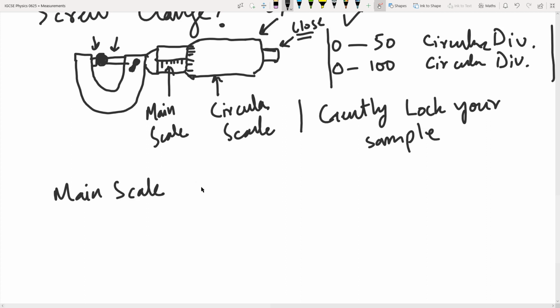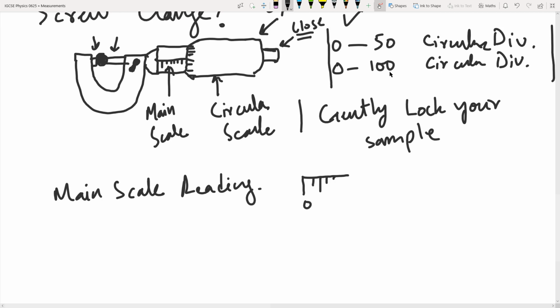So what is the main scale reading? That is going to be the line which is barely visible, or the last line that you see over here, right? So I'm going to draw this zoomed up diagram. For example, this is the main scale. From 0 it goes to half, 1 millimeter, then half, 0.5.